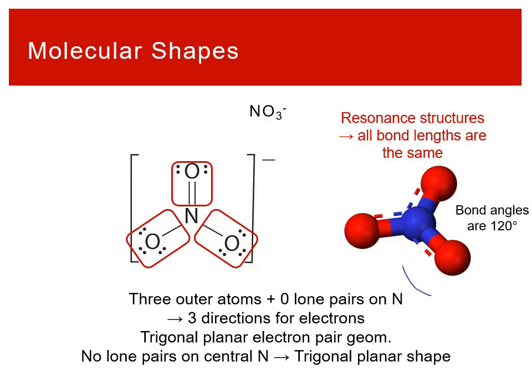You will notice that there are these dashed lines around here. That is indicative of resonance structure. So with this nitrate, we know the double bond could be anywhere. So really, they're all a mix of double bond and single bond. And so that is shown there, and that's why we have all equal bond lengths in this depiction of the molecule. So we can depict a bit more with our 3D, but this is all so far so good.